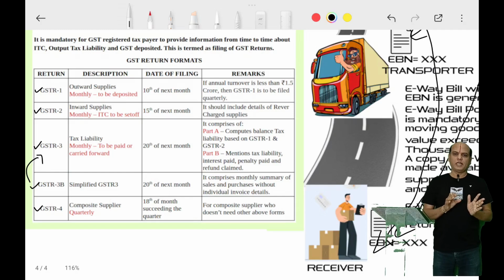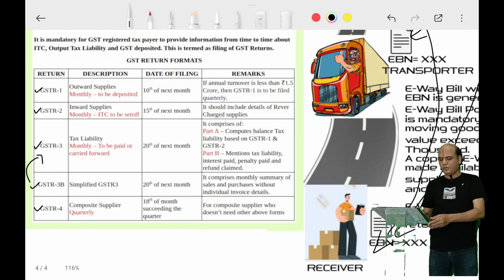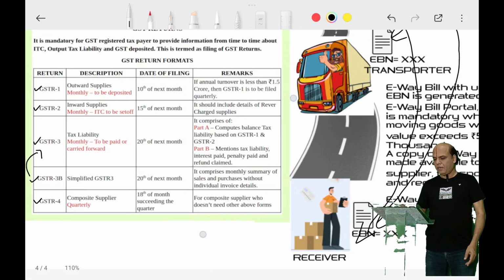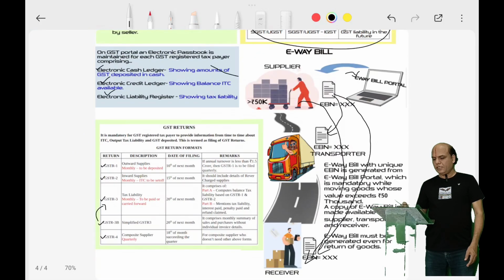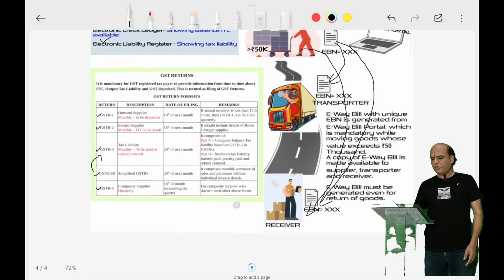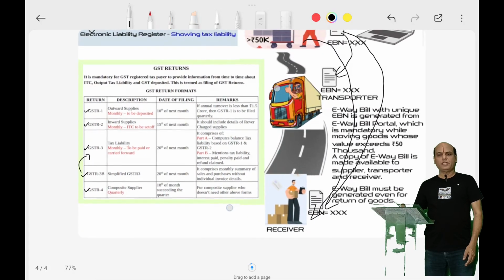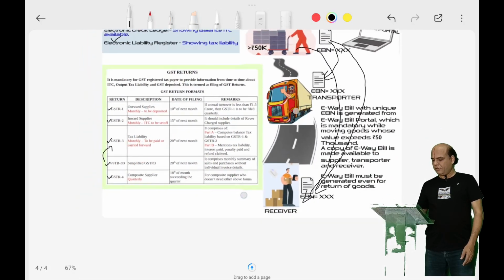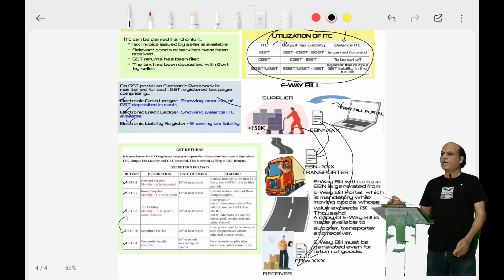We have discussed earlier what the composition scheme is. Taxpayers who are registered under this scheme only need to file their returns using the format GSTR 4. So this concludes the theory aspects of the GST chapter. Let us look at worked examples.